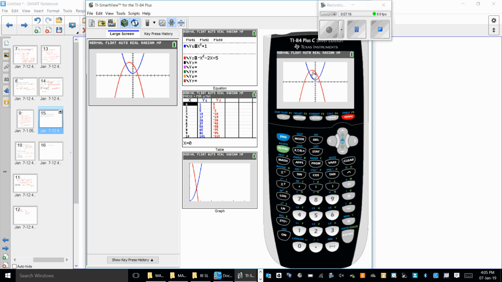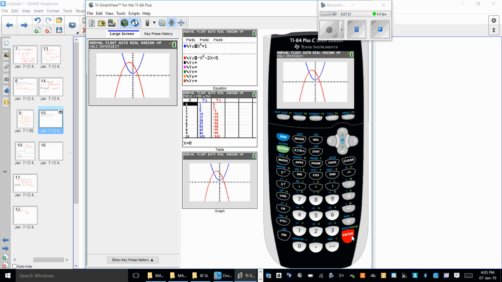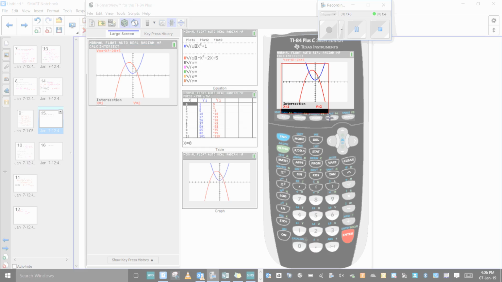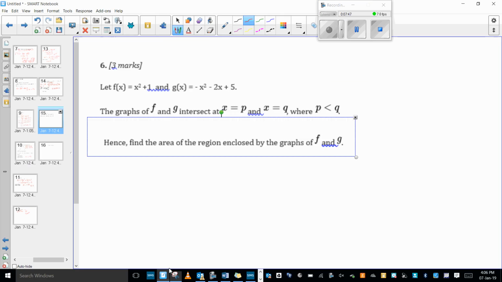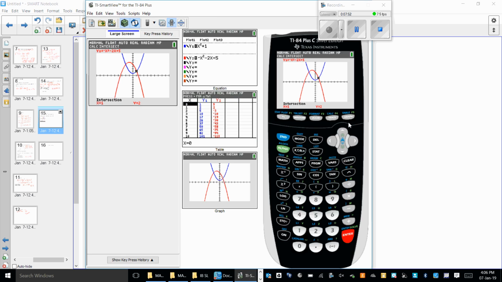First of all, we need to know what these two values are. So second calc, intersect. So here it's at 1, 2. That's where they meet, and then we need to do that again.